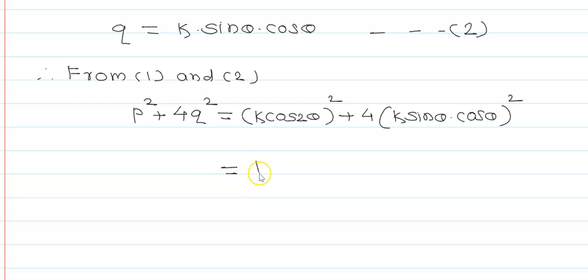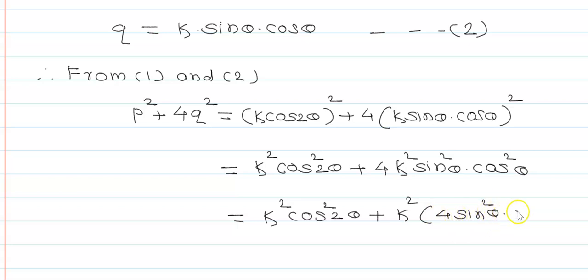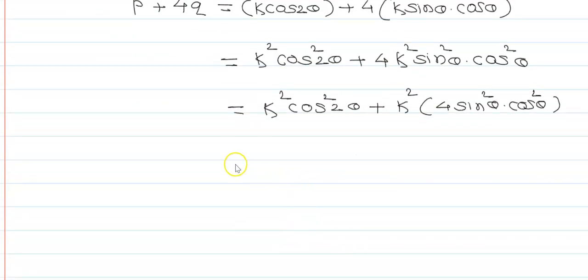Okay, that is, you will get k square cos square 2 theta plus, now the square of this, k square sin square theta into cos square theta, that is k square cos square 2 theta plus k square into 4 sin square theta into cos square theta.